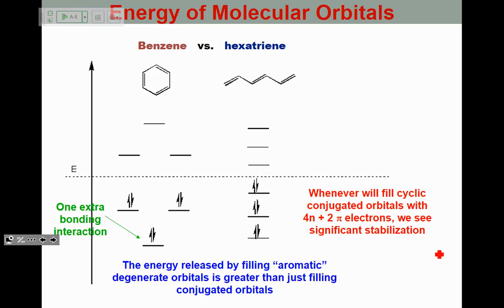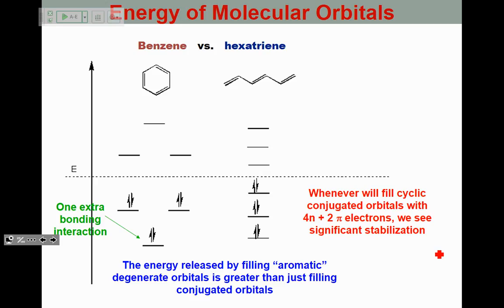So whenever we fill a cyclic conjugated orbital set, and it has to be a full conjugated cyclic system, with 4n plus 2 pi electrons, meaning there is an n where 4n plus 2 equals the amount of pi electrons we have, we're going to see this pattern of molecular orbitals.